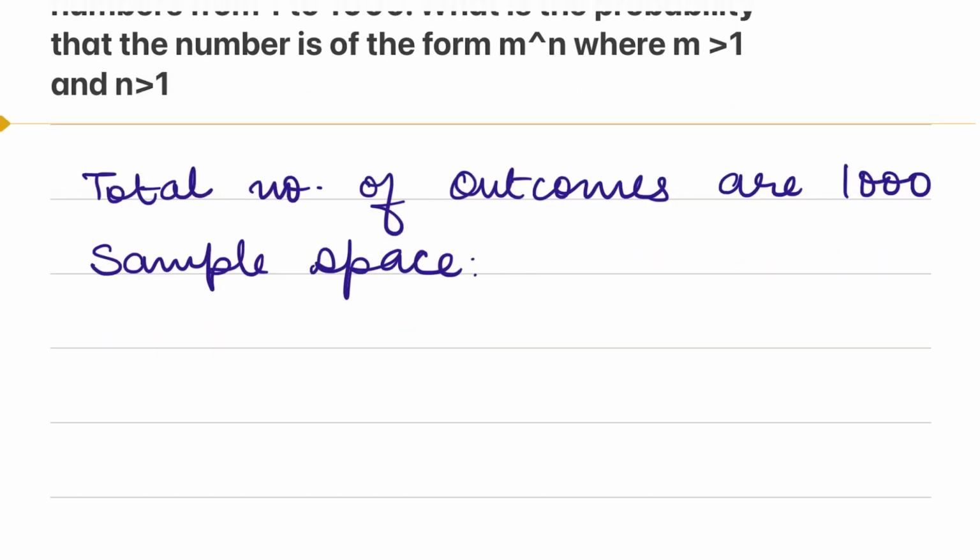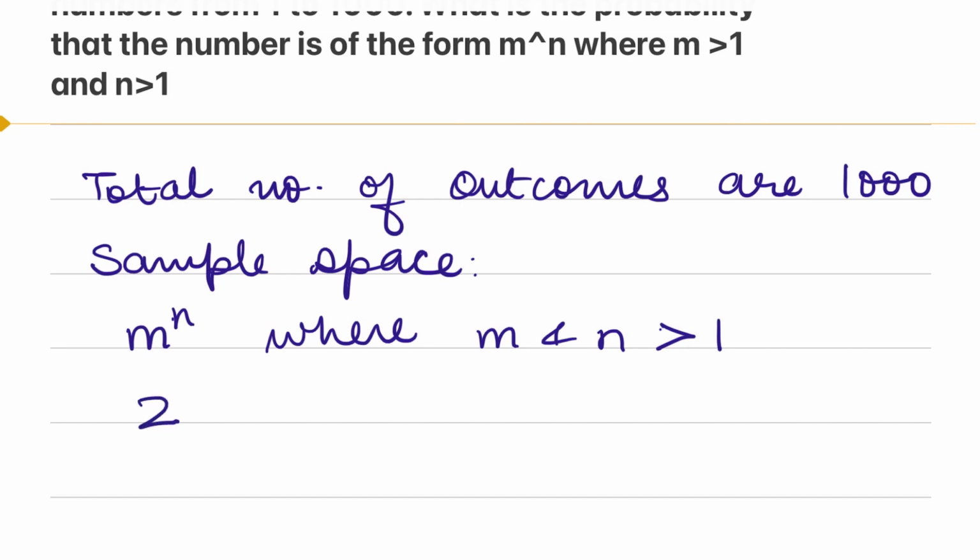We have m raised to the power n, where m and n both are greater than 1. We can't take m as 1, we need to start from 2. And n is also greater than 1, so we'll start from 2 raised to the power 2.